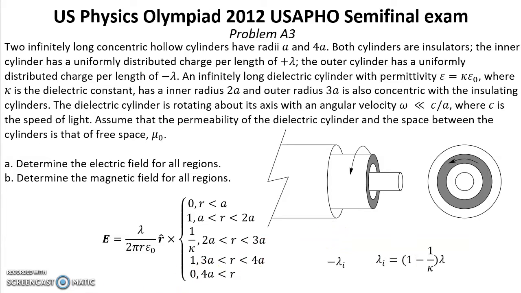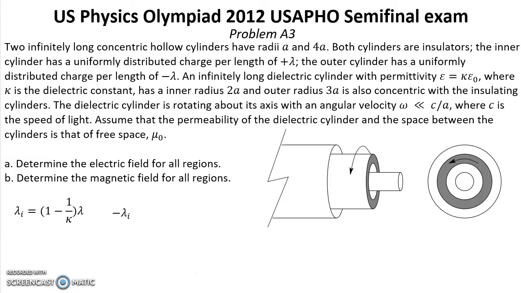Let's do question B. For question B, we just found that the electric field produced a linear electric charge density lambda i on the outside surface with radius 3a, and on the inside surface with radius 2a we have a linear charge density negative lambda i.